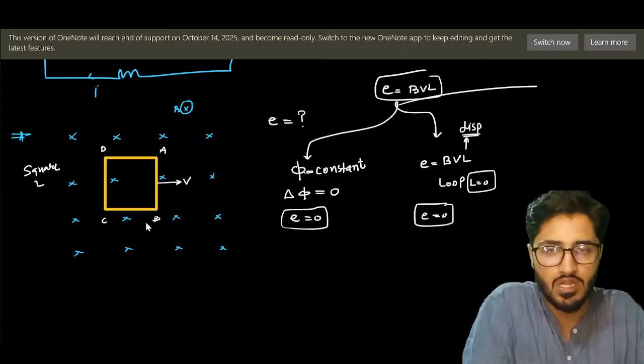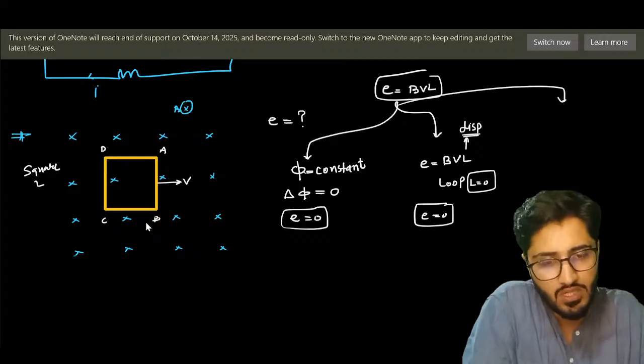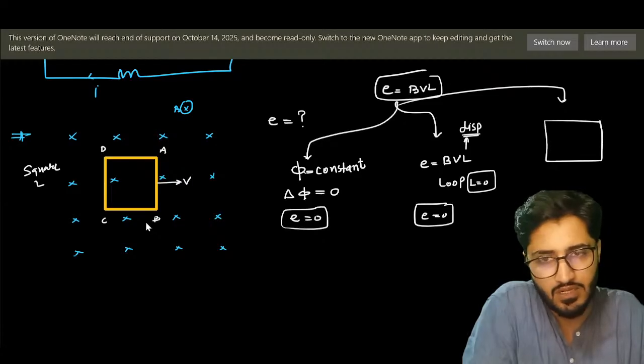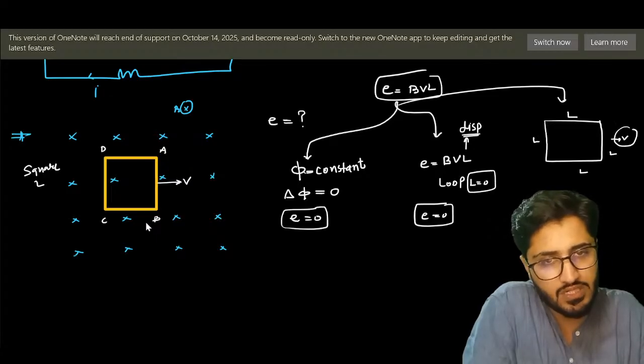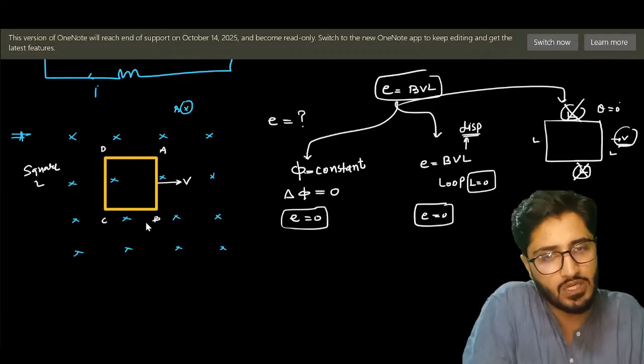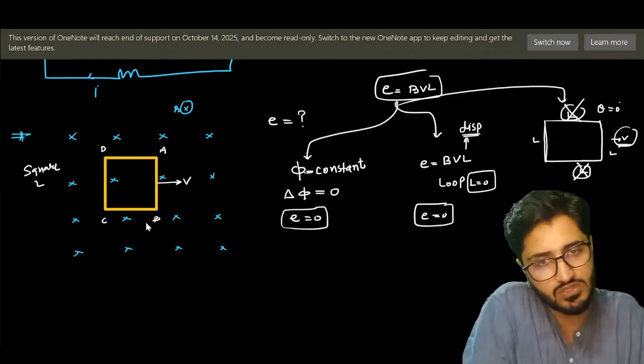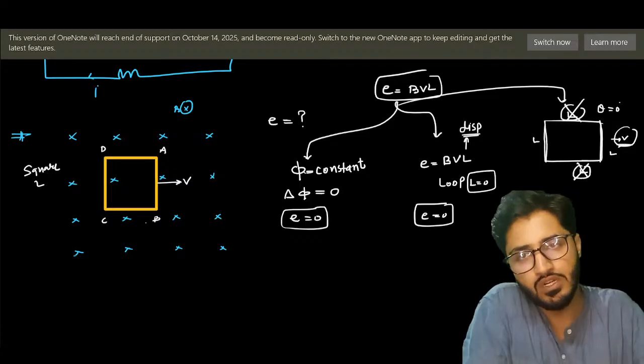Third approach. Let us talk about this loop like this now. This side L, velocity is V, this side L, L, L. Look, this velocity, this side, the angle is 0. So this side, no EMF, this side, no EMF. But let's talk about these two sides now.